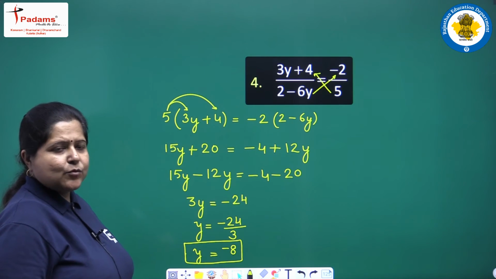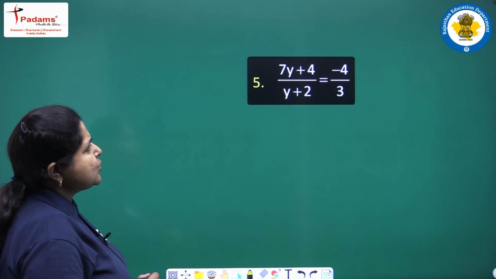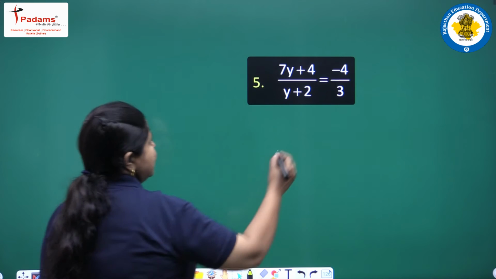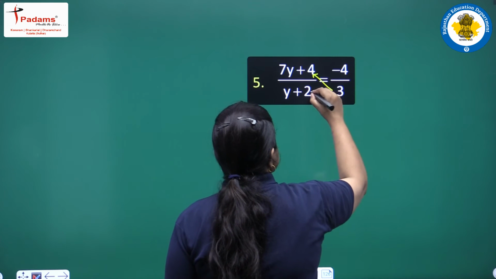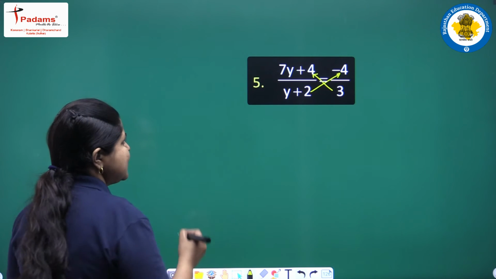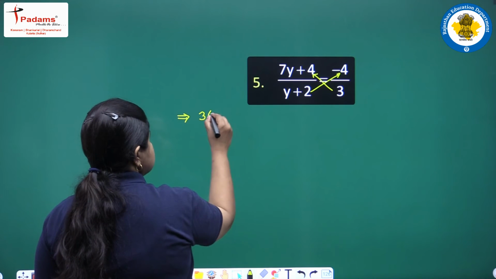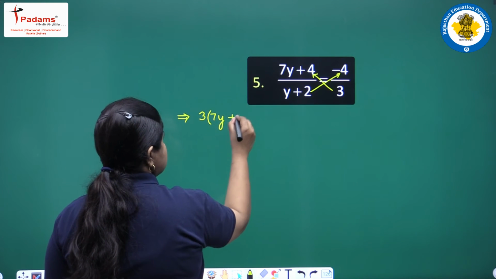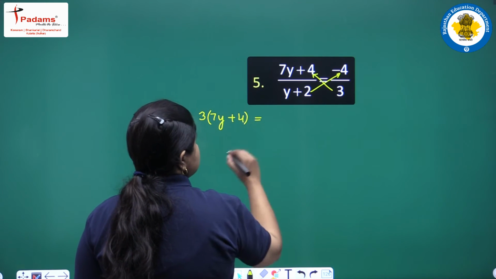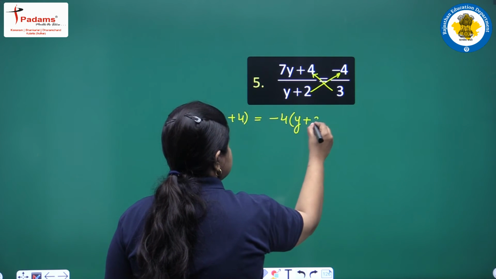Easy. Next we have question 5. Again we need to cross multiply. This 3 will move upwards and this y + 2 will go in multiplication in the RHS. We are left with 3 into (7y + 4) equal to -4 into (y + 2).